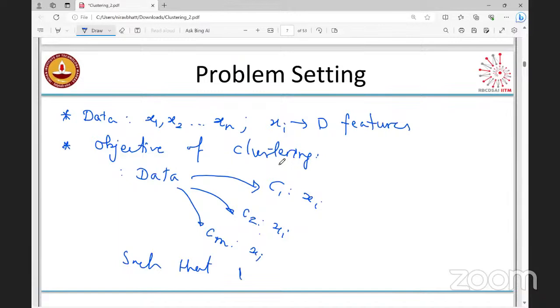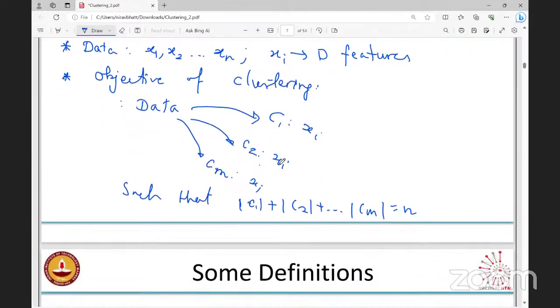The number of data points in a cluster Ci is called its cardinality. So the summation over all the clusters is basically the whole data, and that is basically clustering analysis.